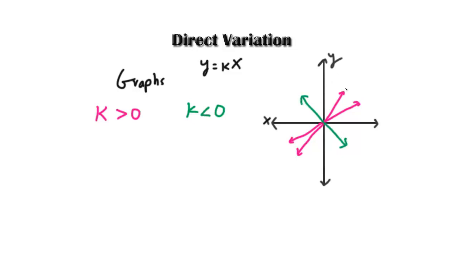Or something like this. You notice that it must pass through the origin, the 0, 0. So at the intersection of the x and y axis is the point 0, 0.